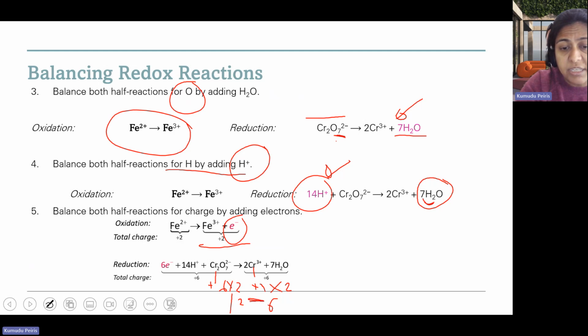The change is 6. So you have to add 6 electrons to the reactant side, because these 6 electrons will be gained during the reduction of the dichromate ions to result in chromium 3+ ions.